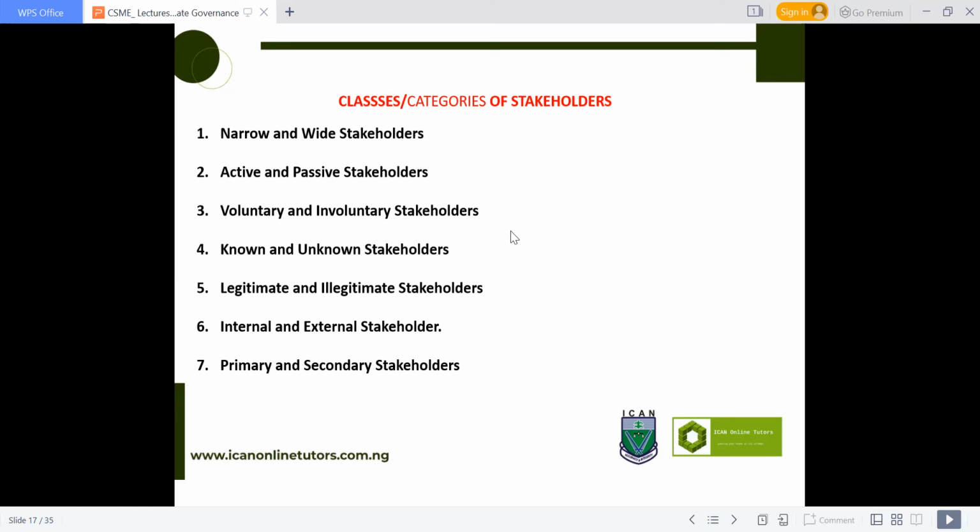At least from your registration link, IoT is aware that you registered for CSME. So known stakeholders are those that the company knows about, we know their duties. But unknown stakeholders are those whose existence the company is not aware of.